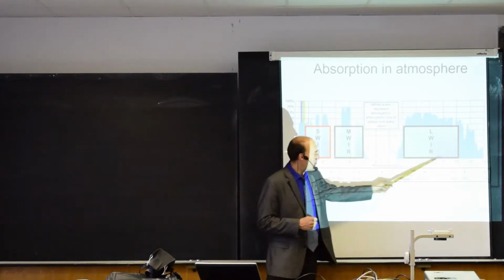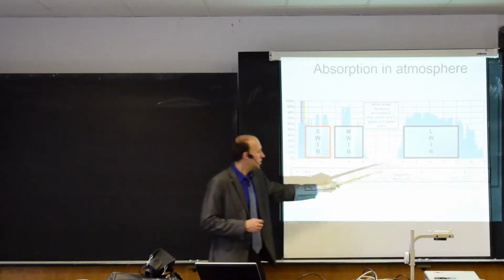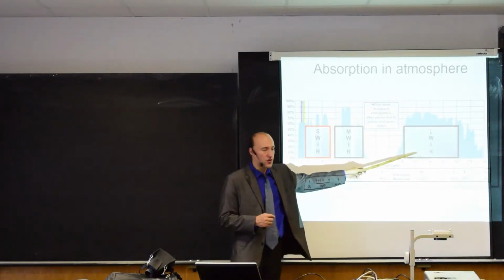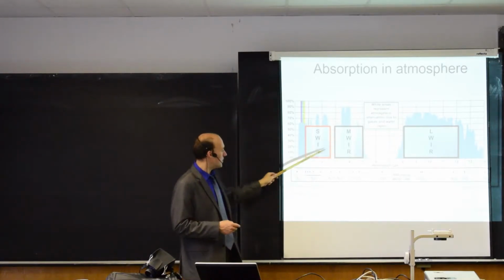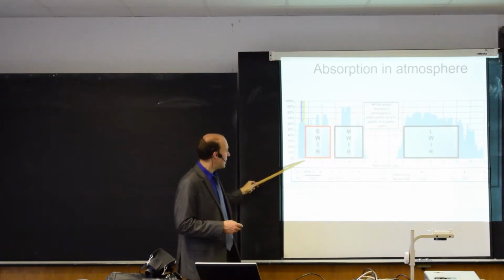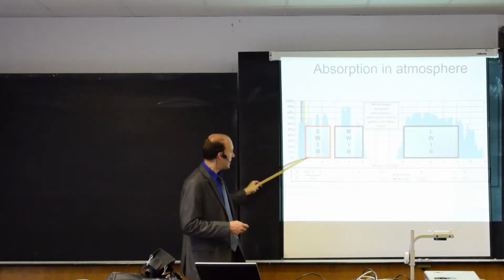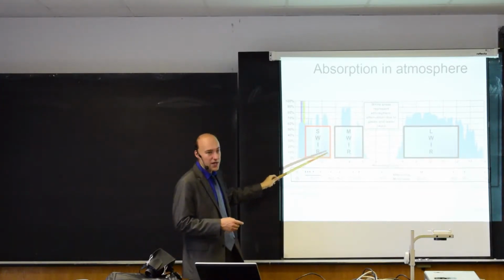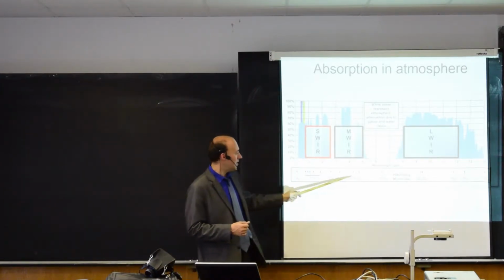So here we have one window from 8 to 12 micrometers. There will be some materials good for these wavelengths. There will be other materials good for those wavelengths from, let's say, short infrared up to 2.8 micrometers. Again, here you can see the materials.